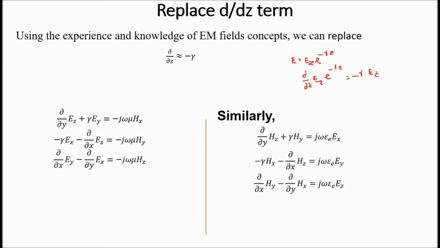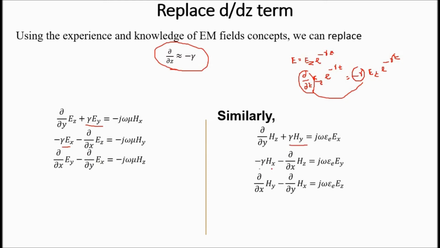So we can replace partial over partial z with negative gamma in the above obtained equation, and we will come up with these 6 simplified expressions here.